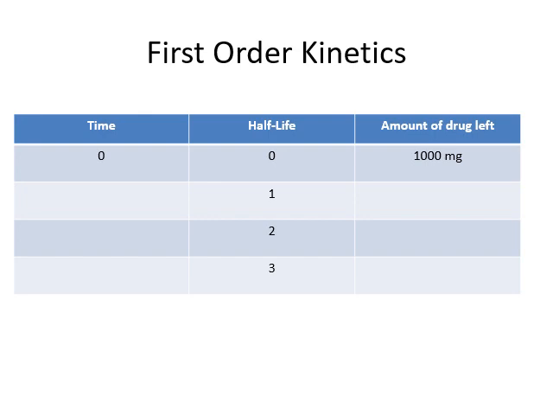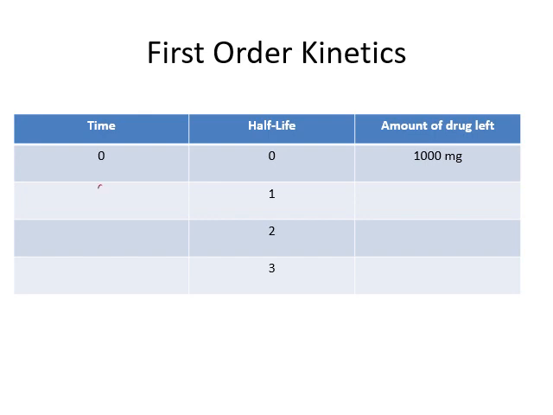So we're going to do this chart together. This is a first order kinetics chart, and in this chart we have given 1,000 milligrams of a drug. This drug is eliminated via first order kinetics, and it has a half-life of 8 hours. So how much of the drug will be left after 24 hours?